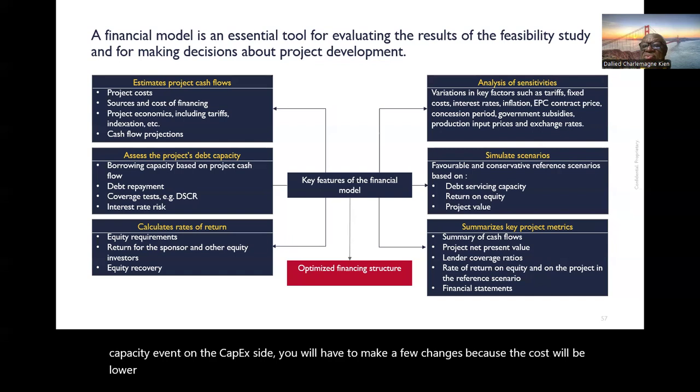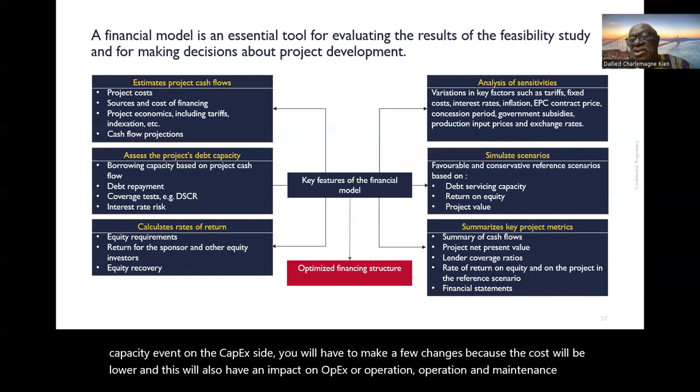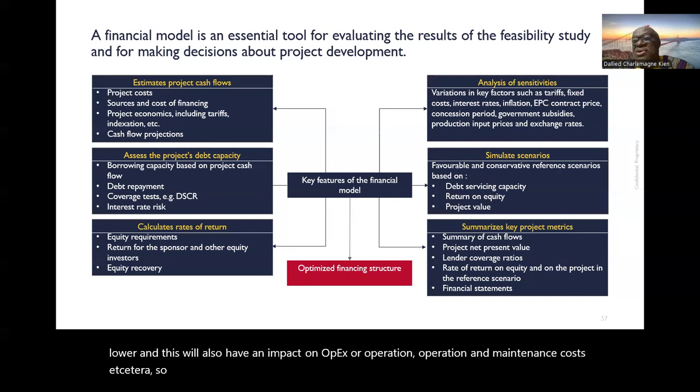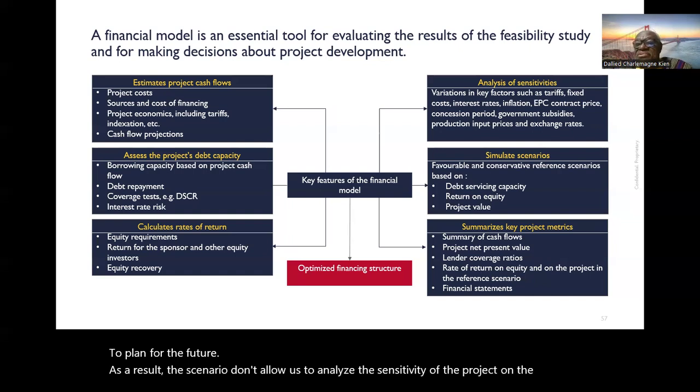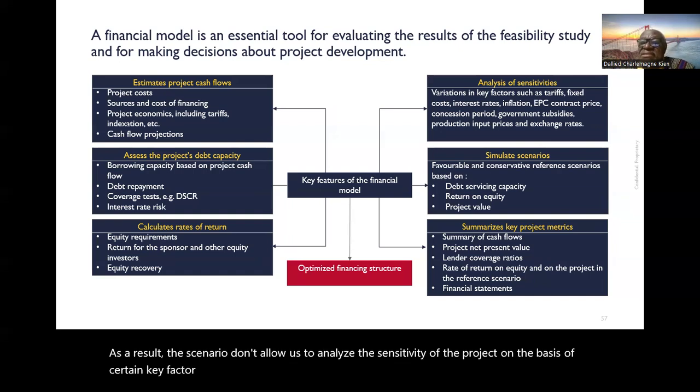And this will also have an impact on OPEX or operation and maintenance costs, etc. So the scenarios don't just allow us to plan for the future. As a result, the scenarios allow us to analyze the sensitivity of the project not only on the basis of certain key factors, but to define several factors that we want to analyze at the same time for a given scenario.